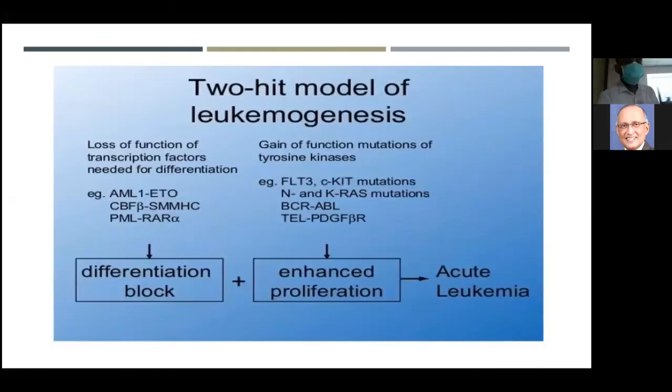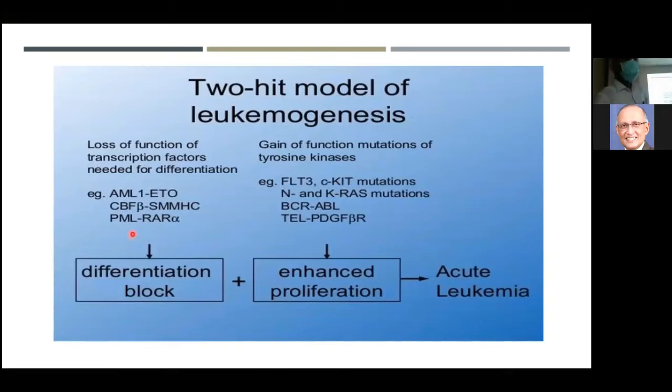So always we know Knudson's two-hit model of mutagenesis. So these mutations we know, AML-ETO, this is the 8;21 translocation. So various levels of mutations can occur at the differentiation level, proliferation level.